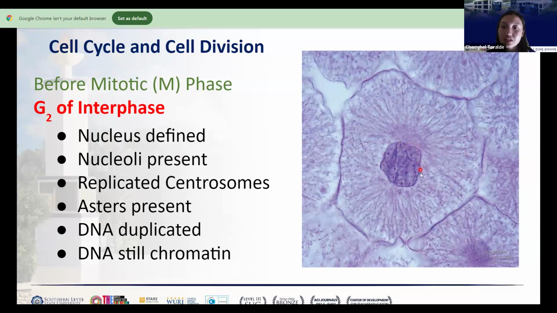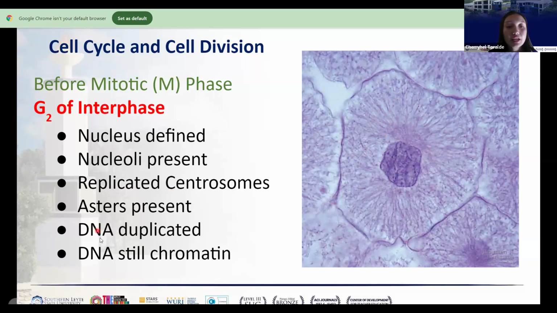As you can see here, the boundaries of the nuclear membrane are still intact, while the nucleolus is still present, though parang hindi naman klaro dito. Then, your centrosomes are replicated here. Ito siya, 1 and 2. Then, the asters are present.